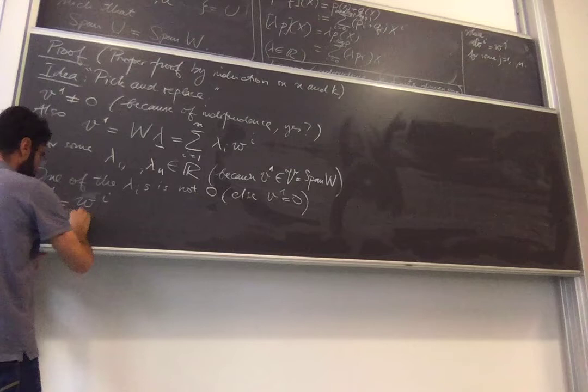I should try to be better. I should say for any v in V, we want to find a set of coefficients mu such that v is a linear combination of these guys here. When I do this, I'm going to call all the other ones by some other name, say W bar.